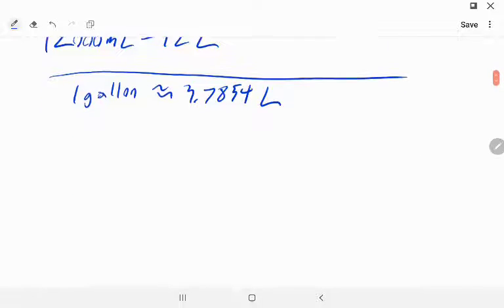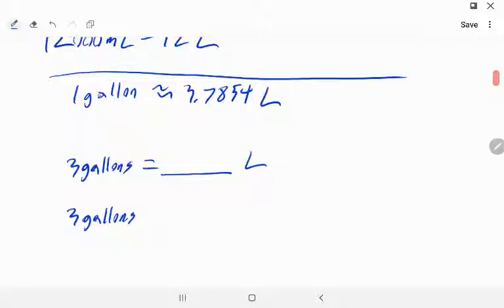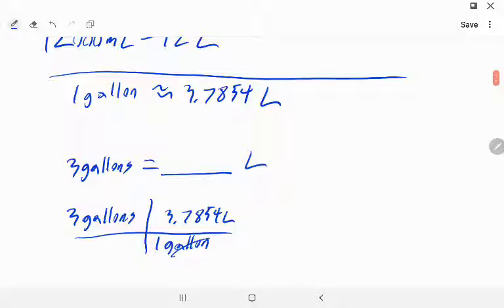So we noticed that if we had 3 gallons, and we want to know how many liters that is, this is an easy one. We know 3 gallons, we know 1 gallon matches up to 3.7854 liters. The gallons go away. We just multiply by 3.